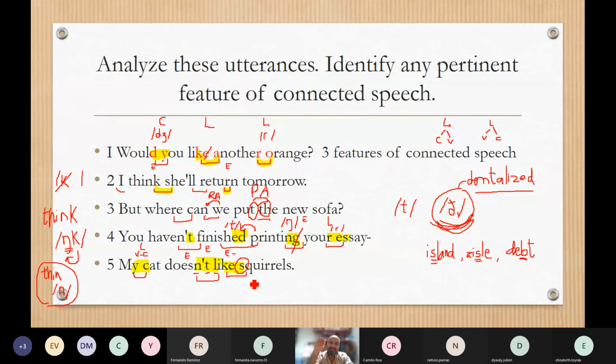It moves a little bit forward, but not until it reaches the alveolar ridge, but in the middle. The place in the middle is the hard palate. So I would agree with you that there is assimilation here, and the type of assimilation is progressive, exactly, because k is influencing s.